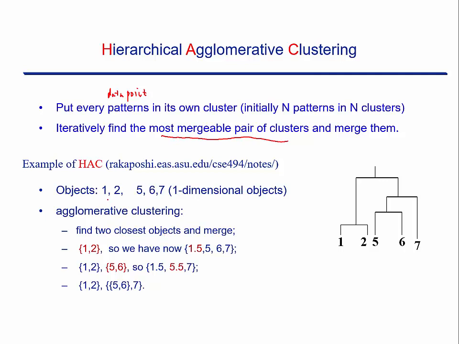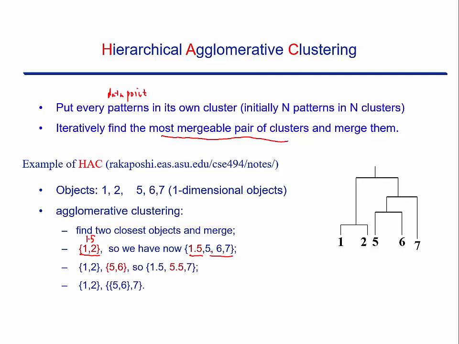At the first step, we find that 1 and 2 is the closest pair. So we merge this pair into a cluster, represented by the centroid, which is 1.5. So now we have 4 clusters. This is the merged cluster represented by the centroid, and these are the single data point clusters.